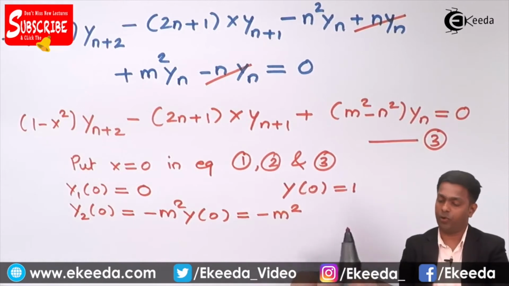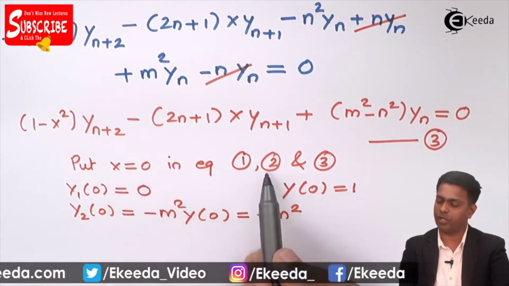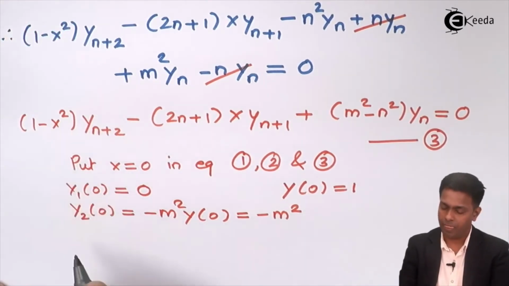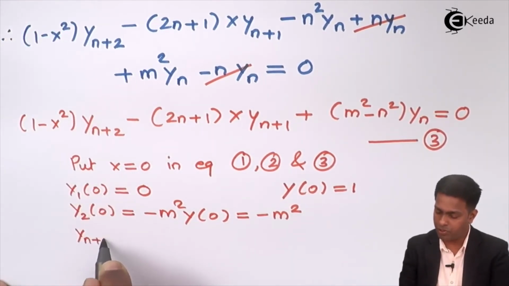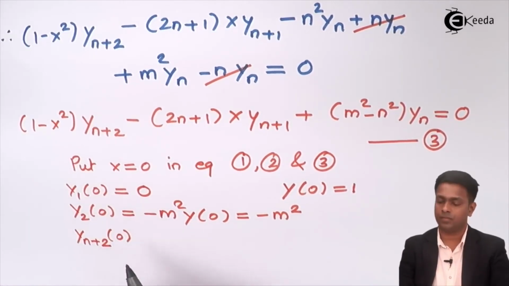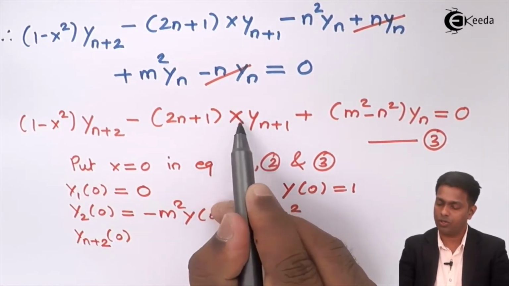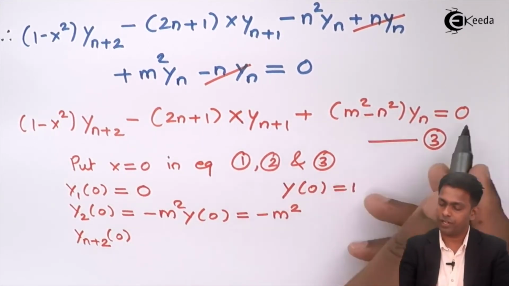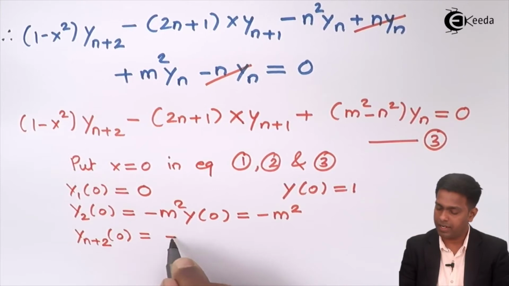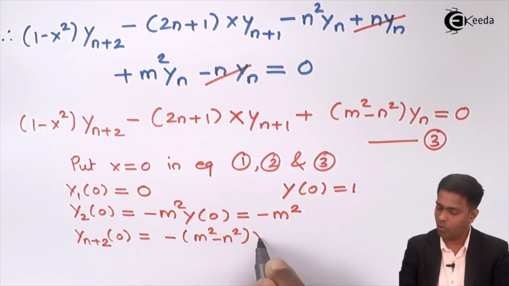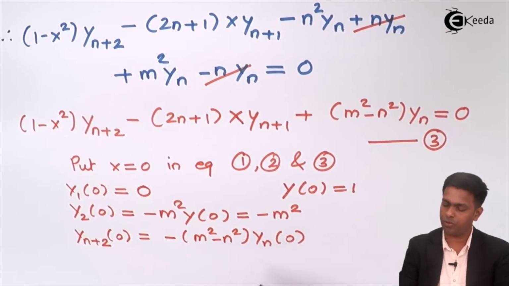After that, we'll put x equal to 0 in equation number 3, which is given here. So we will get y of n plus 2, this will be 1. So y of n plus 2 of 0. Here x is 0, so this term will be 0. And if I shift it to the other side, we will get negative of m square minus n square yn of 0.